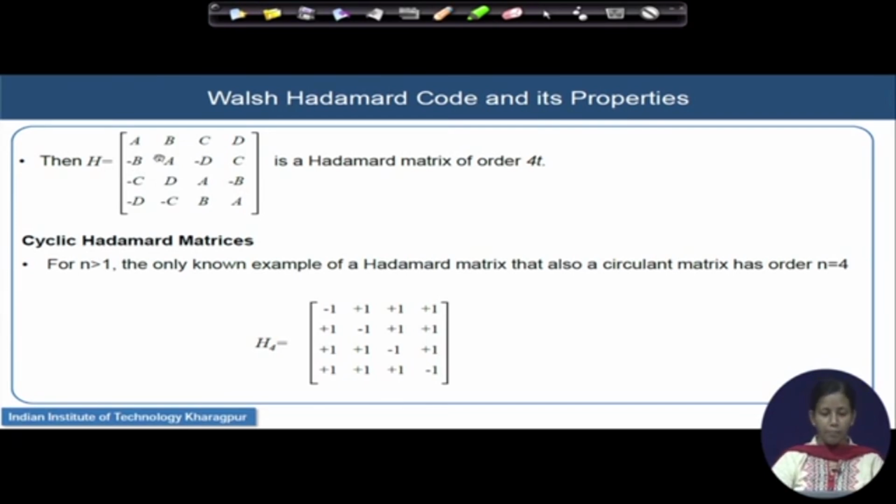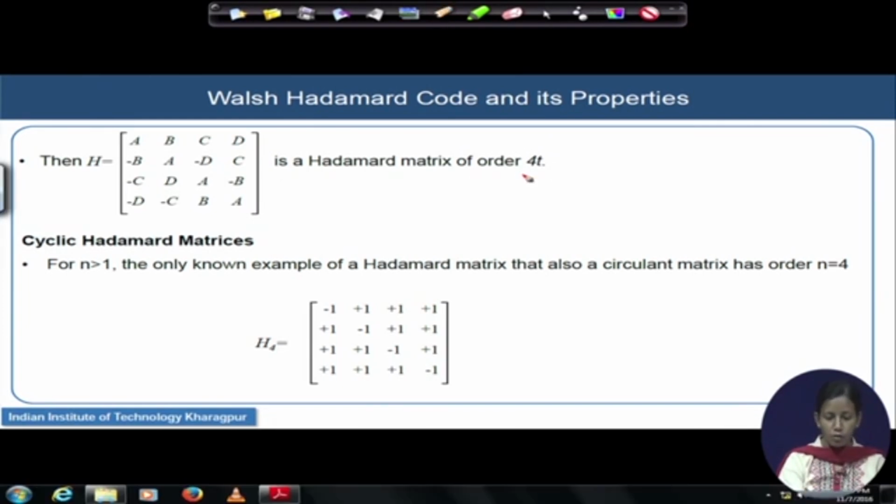The Hadamard matrix constructed here from 4 different circularly symmetric matrices, with the typical dimension given in the last slide, will have an order of 4T.